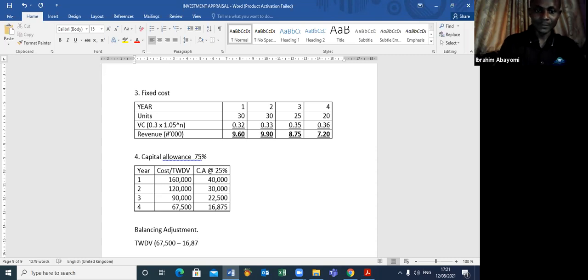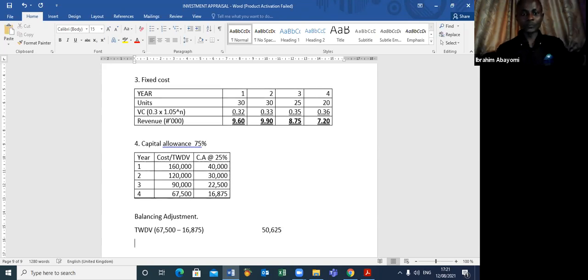That's the value at the end of year 4. So 67,500 minus 16,875 gives us 50,625.